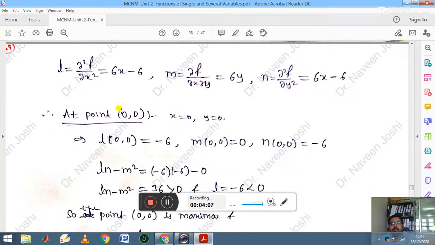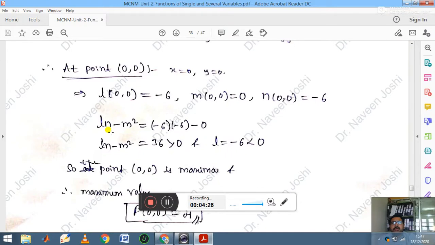Then you go to the first set of critical points, 0 comma 0. It means x value 0, y value 0. Use this x value 0, y value 0 in L, M, N. Therefore your L value will be minus 6, M value 0, N value minus 6. If you calculate LN minus M square, it is positive.